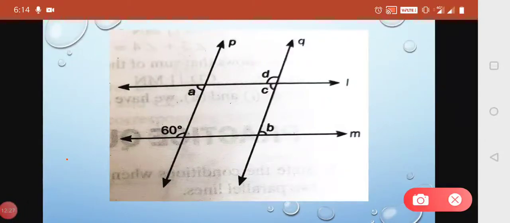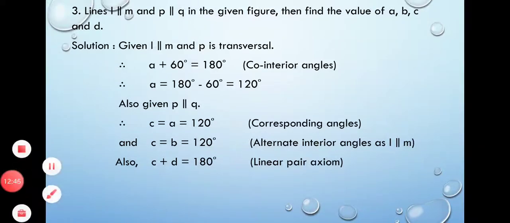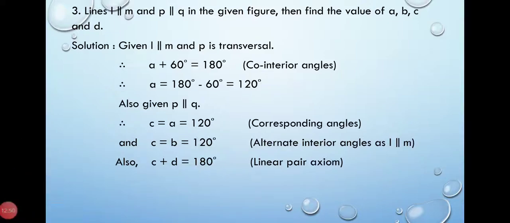Yes, C plus D, you can see, this is C and this is D. As they both stand on a straight line, the summation of these two angles will give 180 degree. Therefore, C plus D equal to 180 degree according to linear pair axiom.